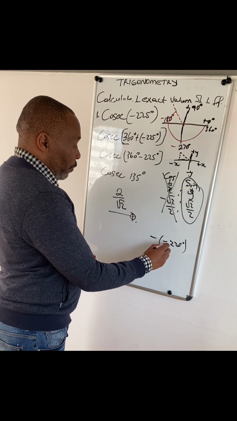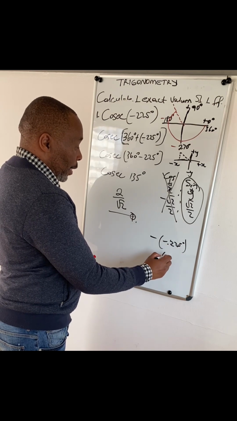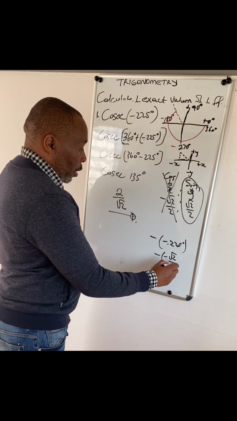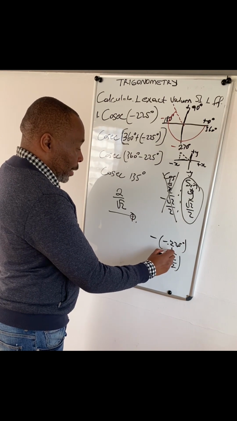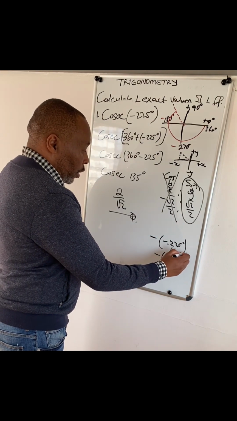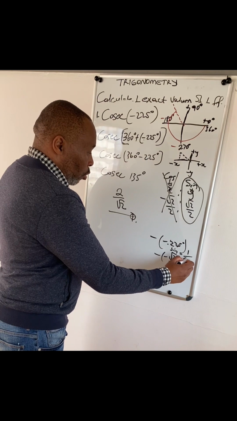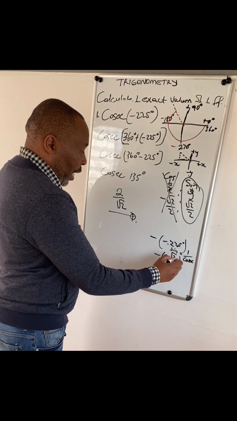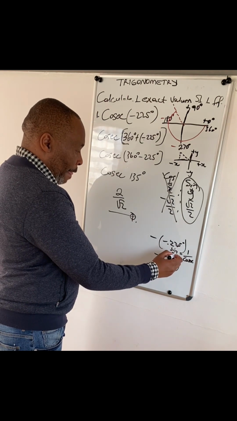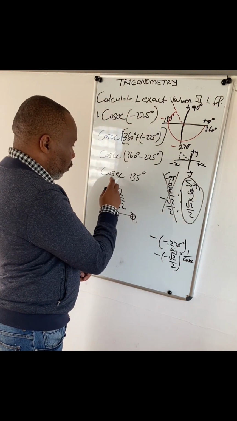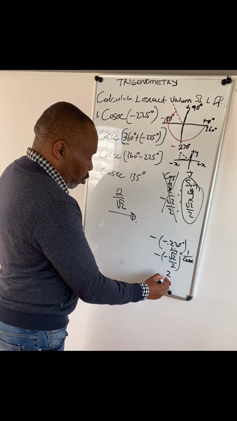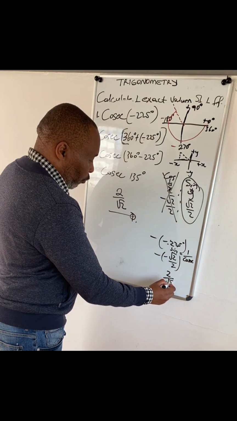This would be root 2 over 2 if we are looking at sine. But since we are looking at the inverse of sine, which is 1 over cosec, here we are looking for cosec, so here would be 2 over root 2.